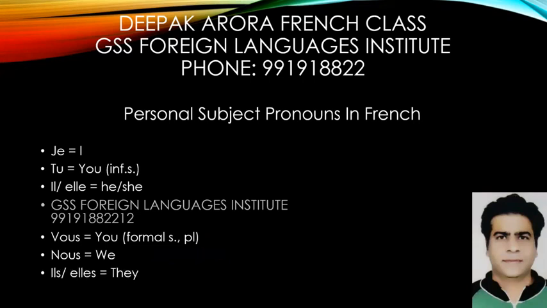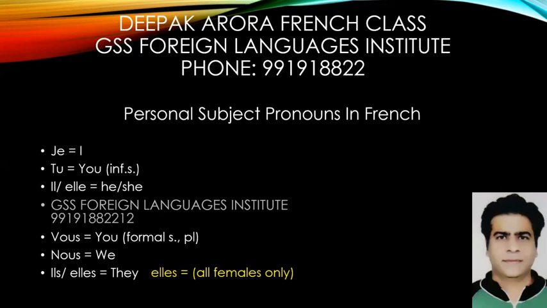Next we have ils and elles. Again, the S is not being pronounced and it is sounding same as the singular il, elle, which we said for he and she. And also we notice that we have two words for they. Why is it so? Well, for an all-females group, you will use elles. So if you have more than one female and you are referring to them as they, then you will use elles.